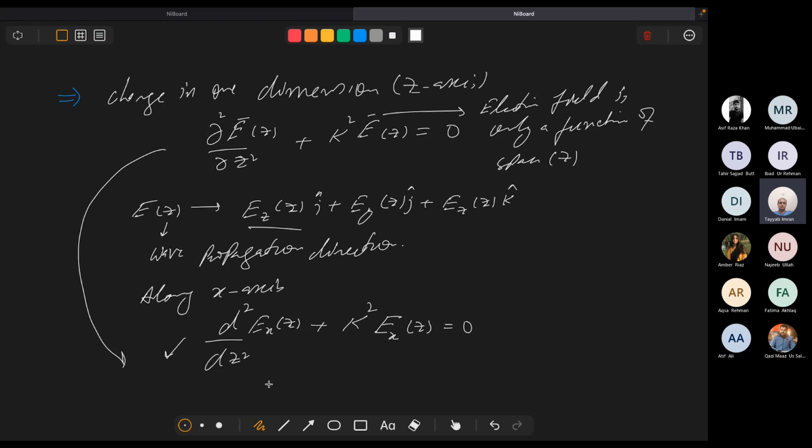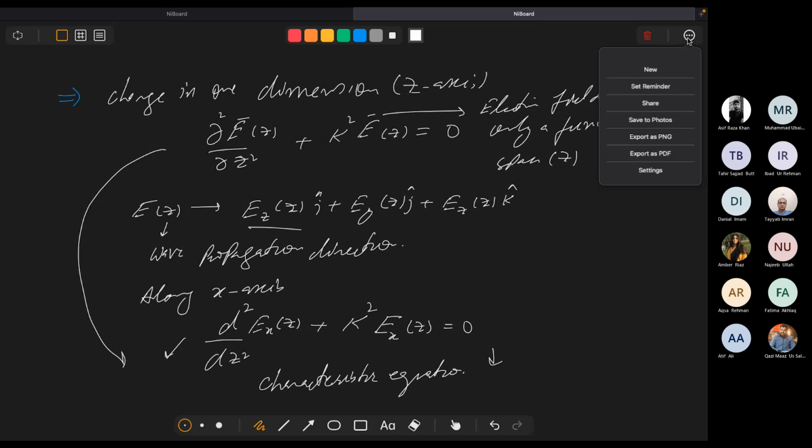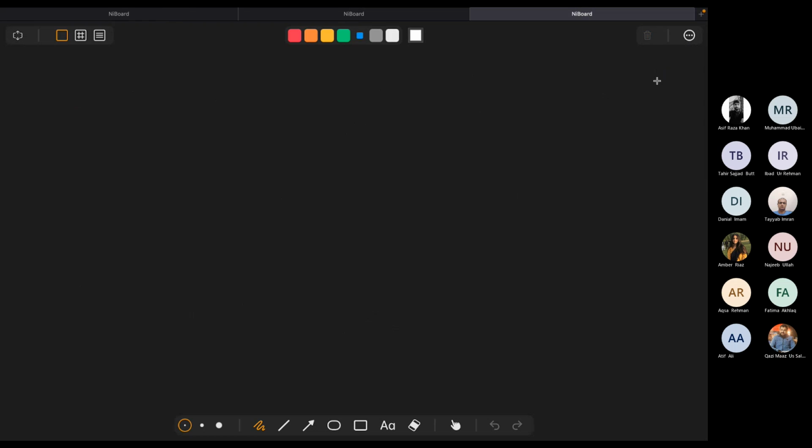So if this one is the characteristic equation, okay, we can say like m square plus k square is equal to 0, or m is equal to plus minus ik. ठीक है.